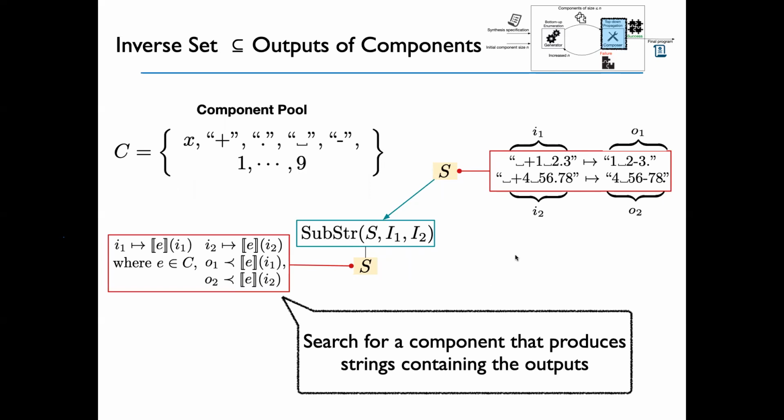Based on the hypothesis of substring, we search for a component that produces a string containing the desired output O1 and O2. If we can find such a component, by fixing the first argument to be the component, we will be able to infer examples for the other arguments by identifying proper starting and ending positions of substrings.